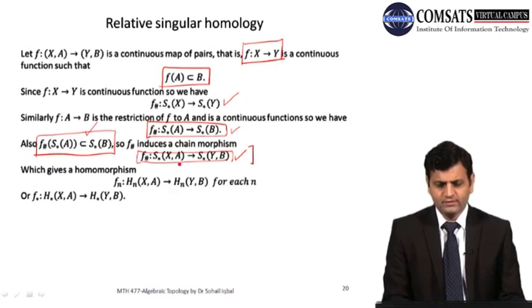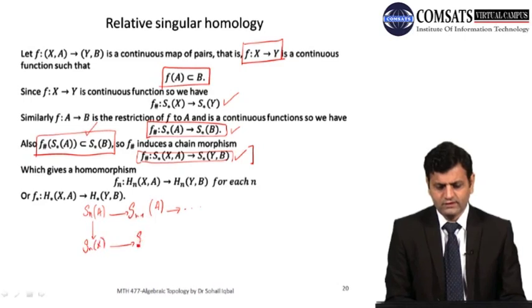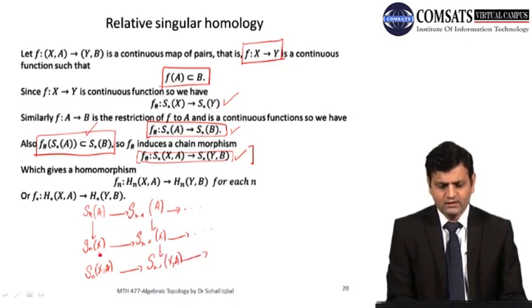Remember that corresponding to X and A we have one diagram: S_n A, S_{n-1} A up to so on, and S_n X, S_{n-1} X up to so on, S_n XA, S_{n-1} XA up to so on. So we have these maps, and there are zeros on the other sides.